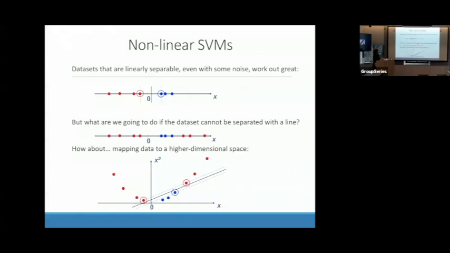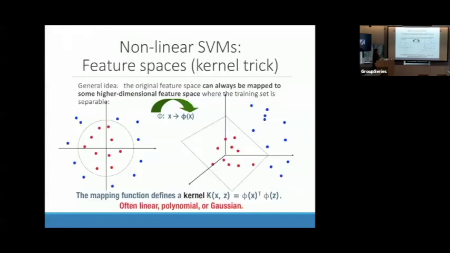So the kernel is, well, it's not exactly, but you can think about, for example, another 2D case in which I would like to be able to draw a circle, but I'm only given lines and hyperplanes. So what can I do?